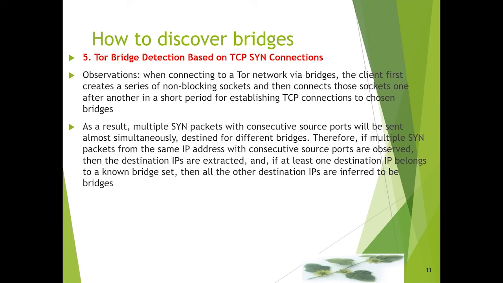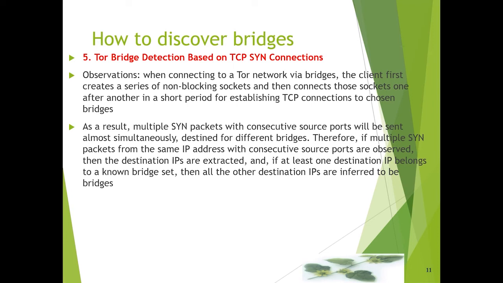As with most applications, the Tor client does not bind predetermined source ports for those connections. Conversely, it is the operating system that assigns the ephemeral source ports for connections to chosen bridges. Such ephemeral source ports are usually consecutively located in widely used operating systems like Windows platforms.